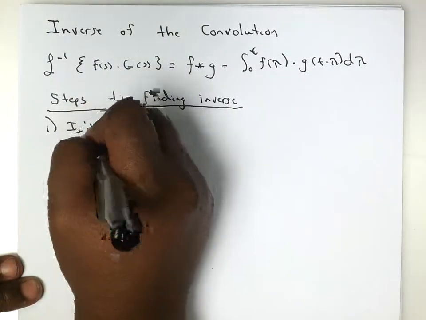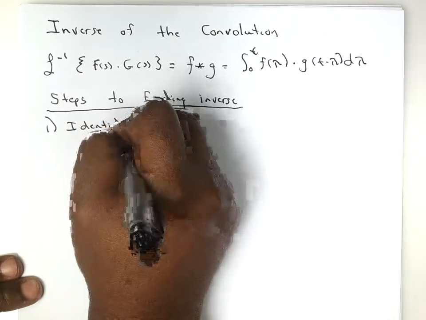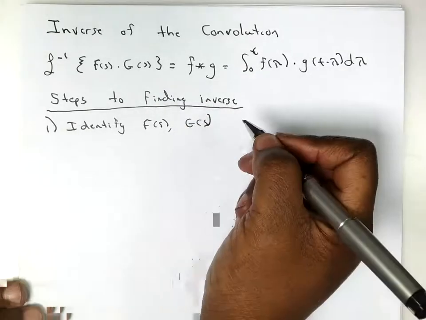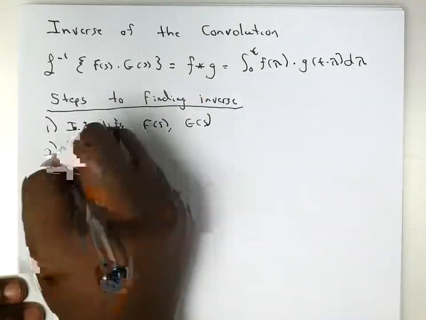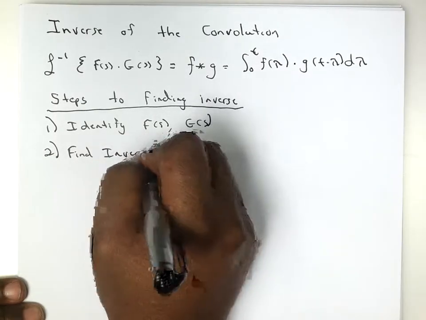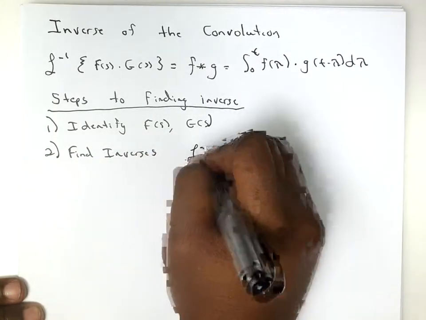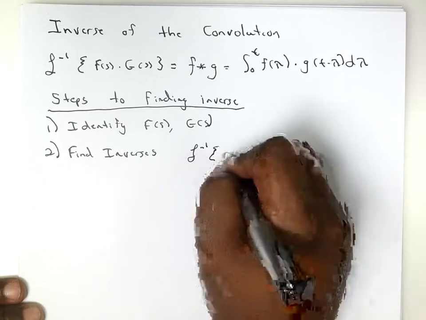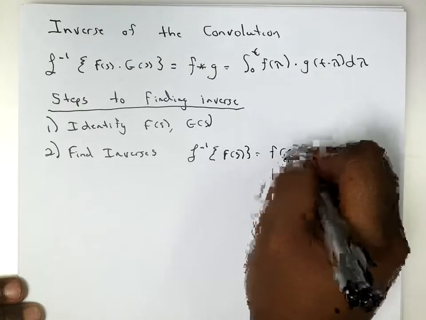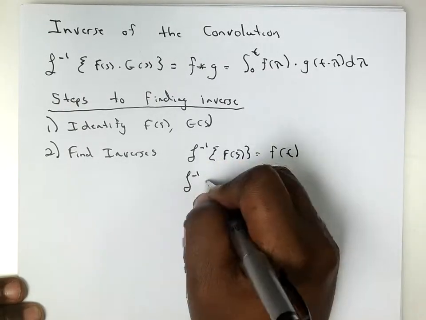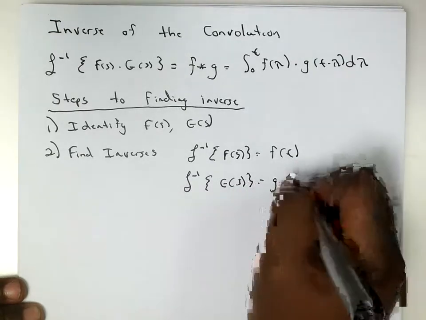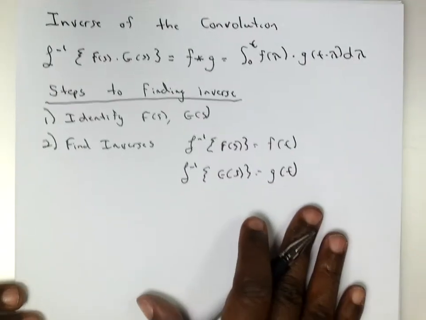First, you have to identify what the two functions are. So you have to identify what is your F(s) and what is your G(s). Secondly, find those inverses. So the Laplace inverse of F(s), which will give us f(t), and the Laplace inverse of G(s), which will give us g(t).